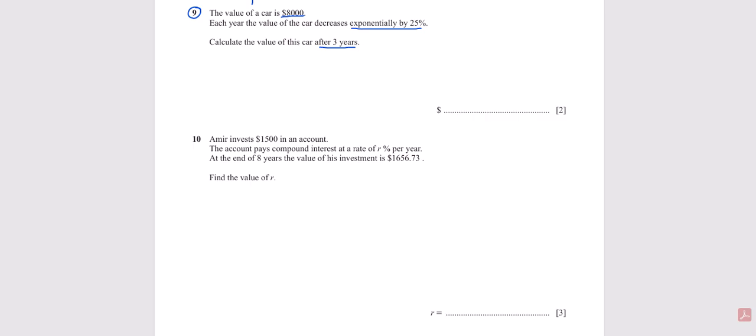So we use formula V, the value of car, is equal to P into 1 minus R percentage power T. This one is P, this one is R, and this is T. So V is equal to P is 8,000, 1 minus 25%, T is 3.